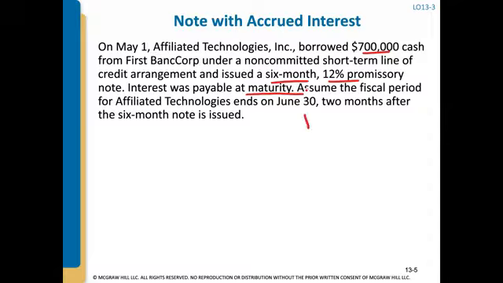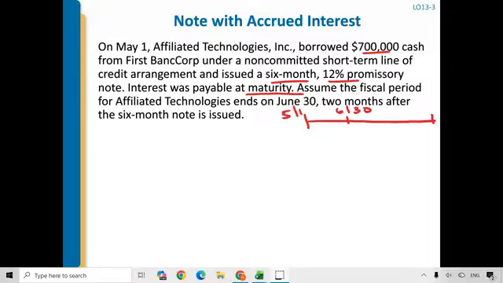So what we're talking about, if I draw a timeline, here's May 1, and here's June 30th, which is this company's year end. And then the note is a 6-month note, so it will be due on November 30th or December 1st.